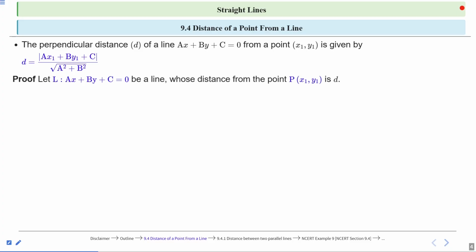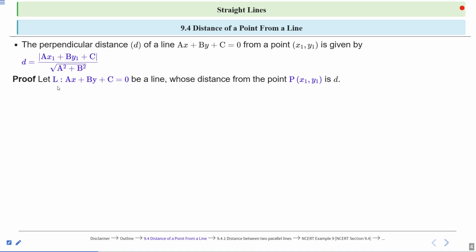First of all, we let L be a line, and the equation of this line is ax + by + c = 0, whose distance from the point P (x1, y1) is d. In this statement we have the perpendicular distance d of the line ax + by + c = 0 from the point (x1, y1).